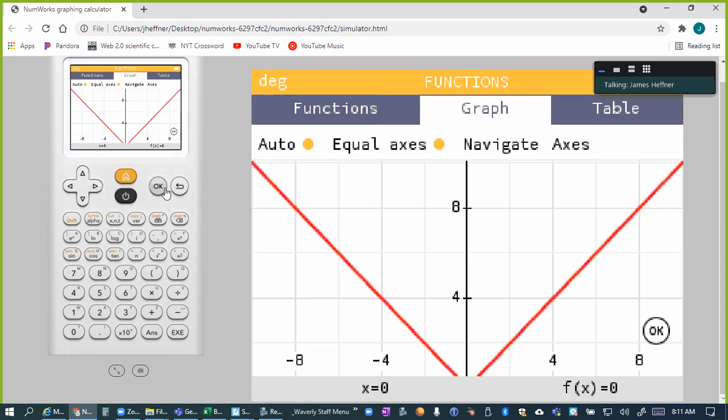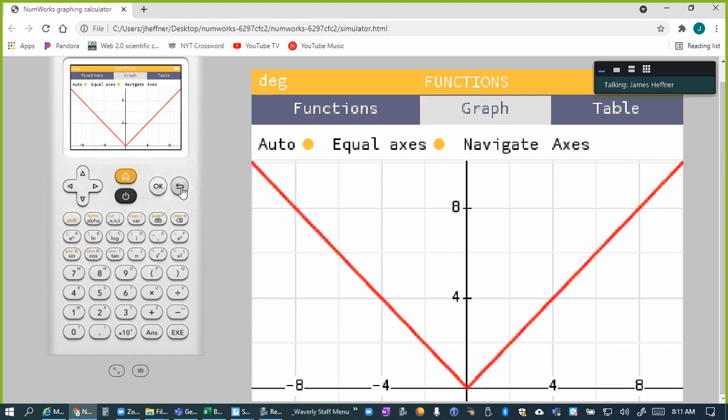Let's fix the axes here so that we have something that looks a little more like what's in our book. I guess that's close enough. 10 or something like that. Not even that. We'll be good. Now we need to get some negatives in here. Let's get some negative x's in here, or negative y's.